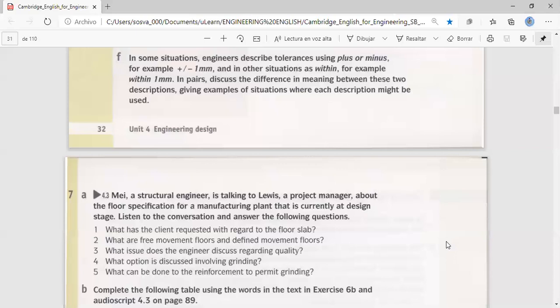I have one idea about the critical specification. It is not similar to the plus or minus. I think this is the point: the ideal point of the dimension can increase or decrease, and I have so much tolerance.